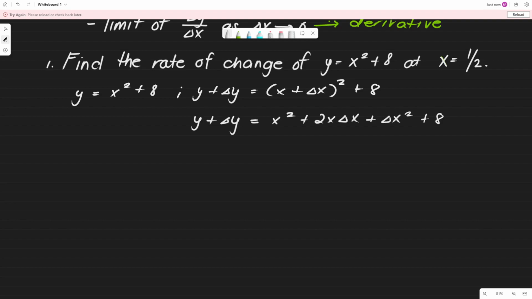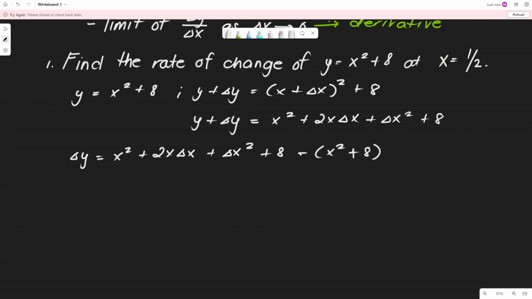No, so next, no, so we're going to subtract the original function. So we'll have delta y is equal to, kasi y plus delta y minus y, so makakancel na yung y. No, so we'll have x squared plus 2x delta x plus delta x squared plus 8. No, then we'll have minus yung original function natin, x squared plus 8.